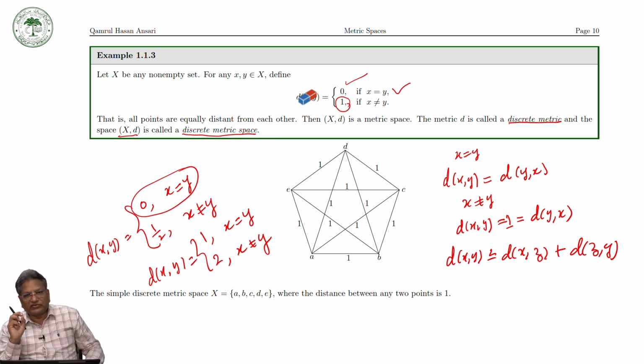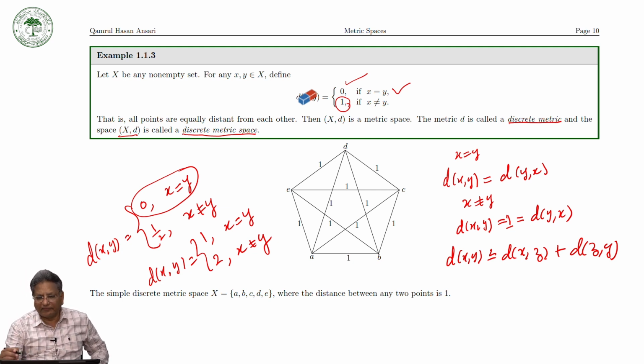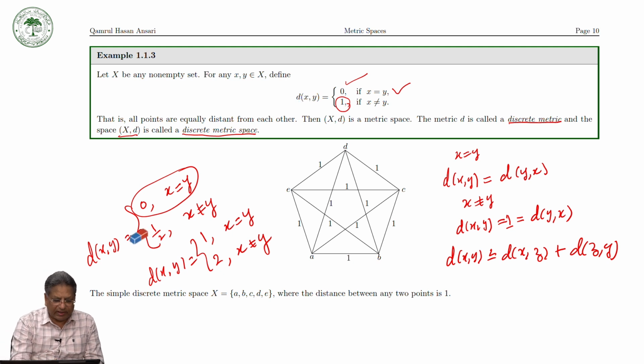So you can see that on any non-empty set X, not only this metric, you can define other metrics. For example, I mentioned d(x,y) is equal to 0 if x is equal to y, and half if x is not equal to y. So you replace this half by any number.